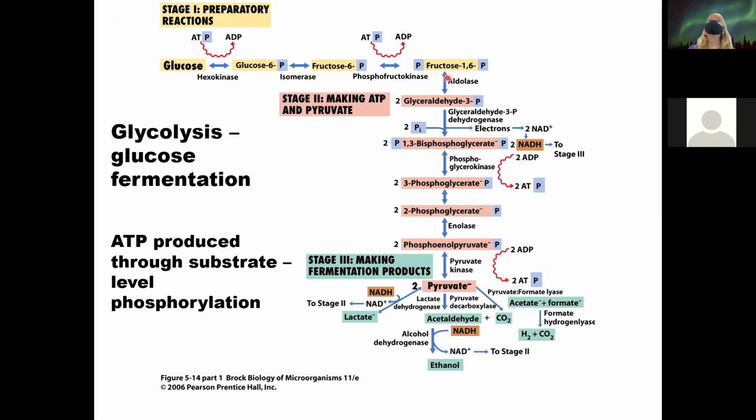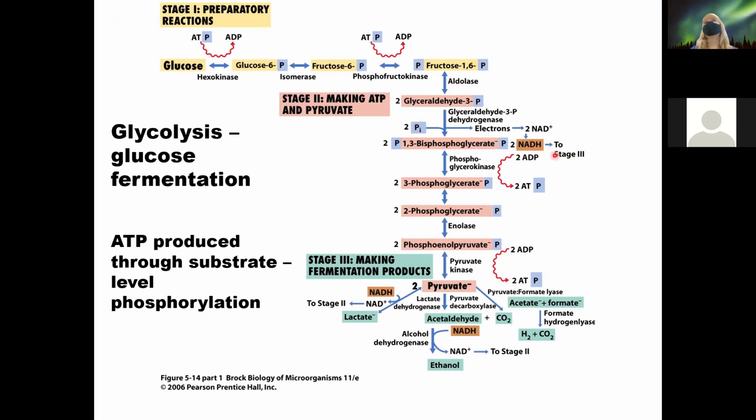So we talked about this last week, how there's some nice ATP being produced during stage 2. One thing about stage 3 that I want to hone in on and make sure you're aware of. Here you see a couple of pathways where they show NADH going to NAD+. Then up here you see NADH in stage 2 going to stage 3.